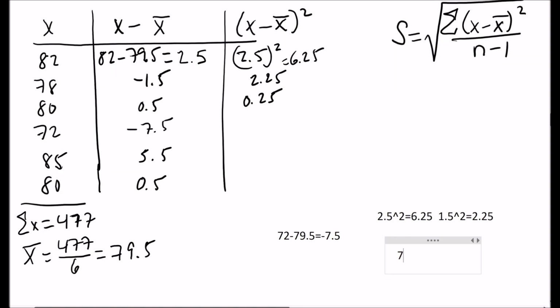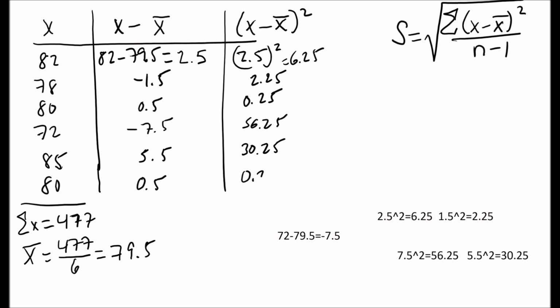Then you got these bigger numbers, 7.5 squared is 56.25, and 30.25. Let me double check that just to be on the safe side. Yeah, so we got each of these numbers.